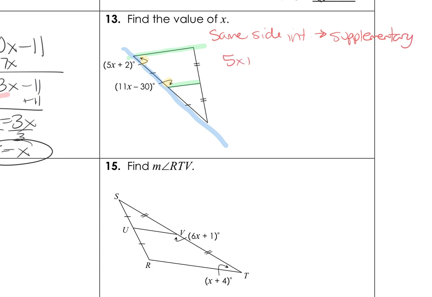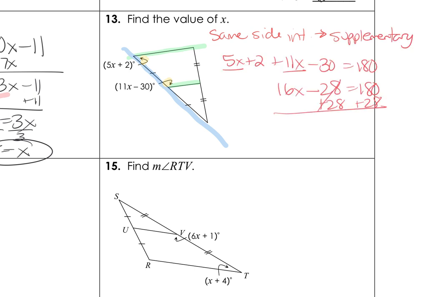So we have to be aware of what kind of angles we're looking at in order to set up the correct equation. Combine your like terms. We divide by 16. So we end up getting 13. And again, this one just wanted you to find x.